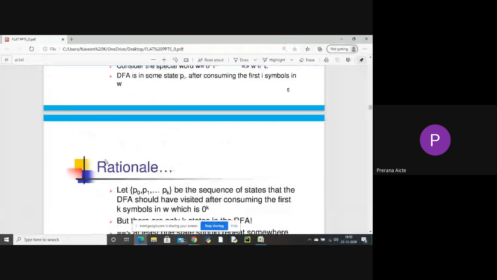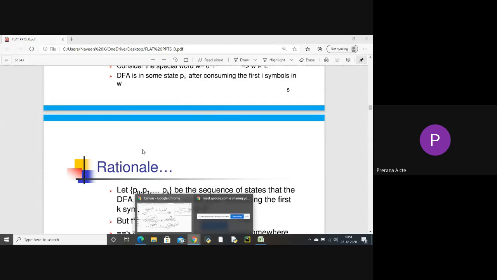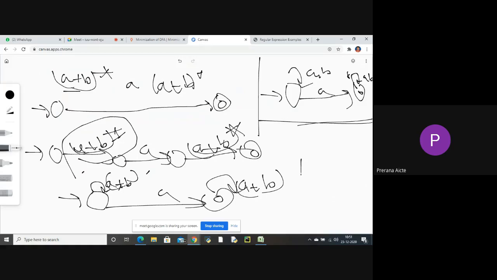One shortcut to find whether the given language is regular or not: if a certain condition is there in the language, then the language is said to be not regular. For example, L is equal to a power n, b power n. Here the number of a's is equal to the number of b's.